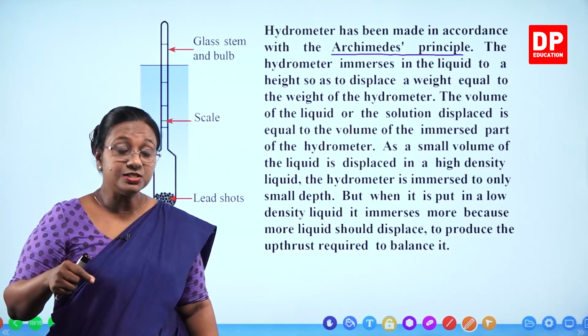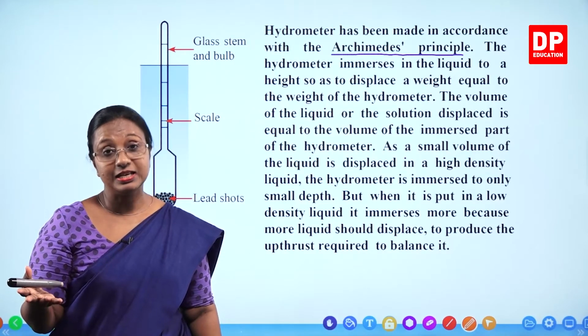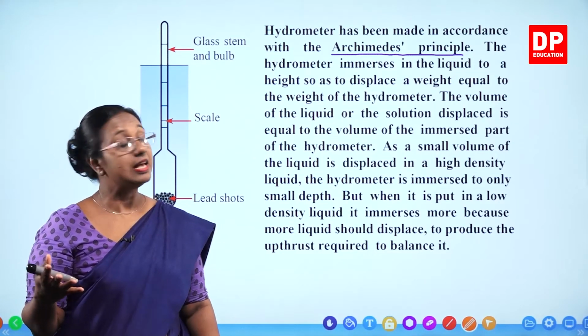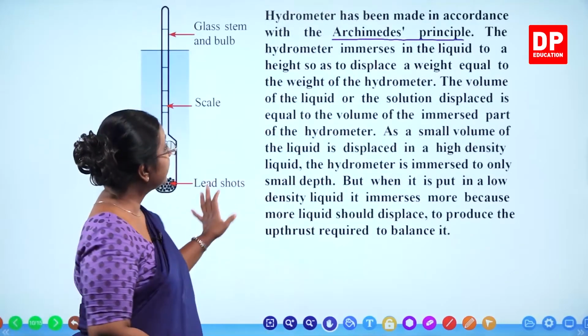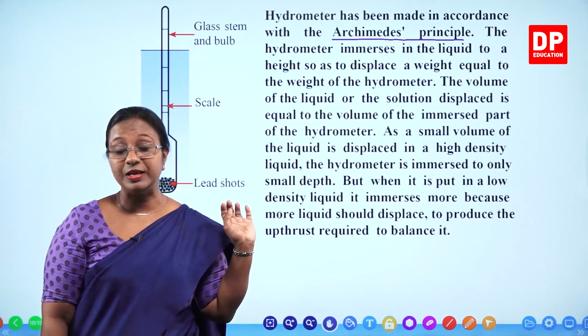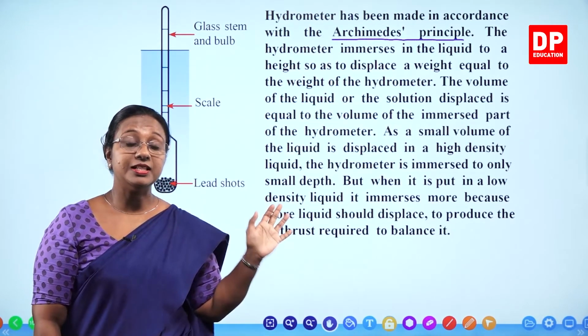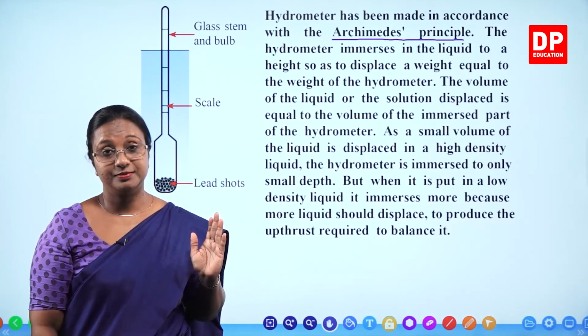So when it sinks more, the upthrust is less. More fluid has to be displaced. So the density of the fluid is less. So that is how the hydrometer functions. So students, before I explain further, we will go to the lab and observe a hydrometer.